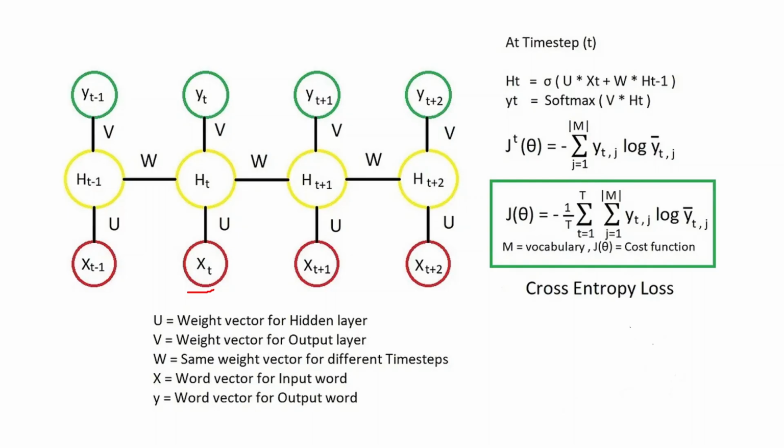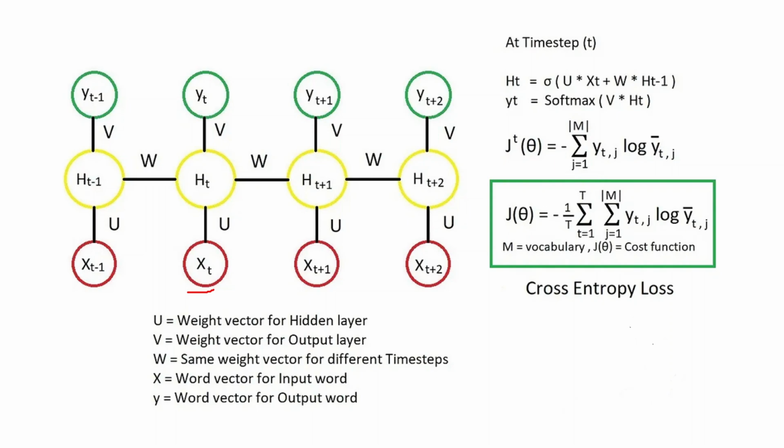Here the weight is denoted as U, and then it is processed at ht, while also taking the output of ht minus 1, which is also multiplied with some weights over here. So let us see how this ht is computed.